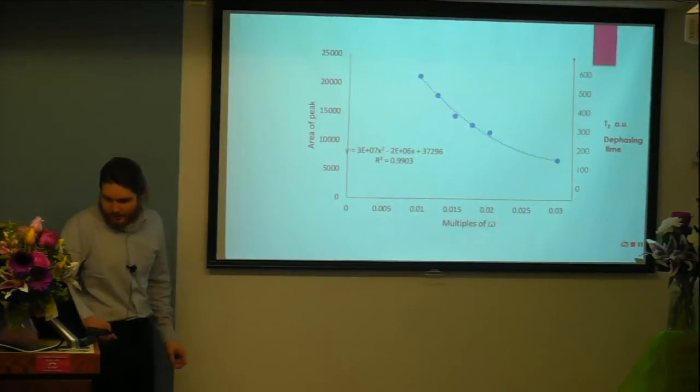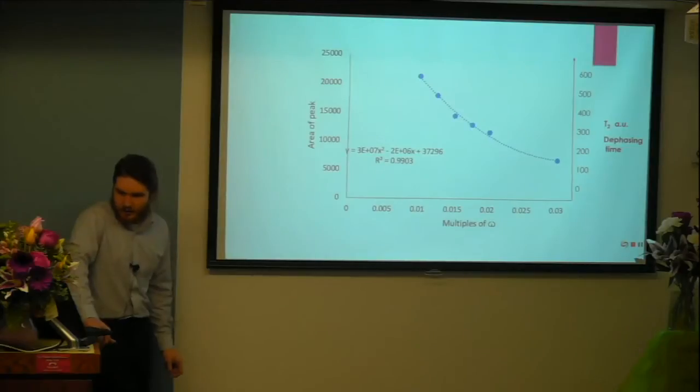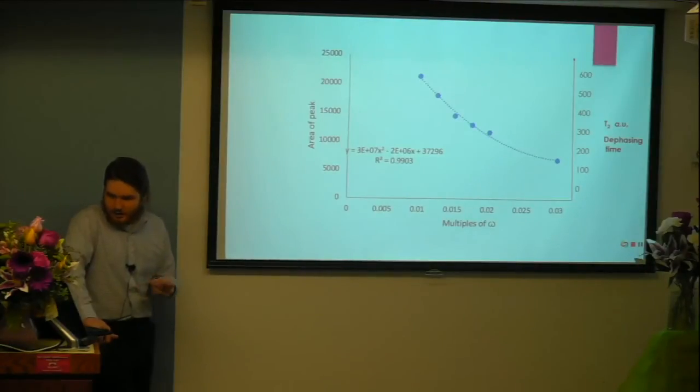If we graph the area of the peak over the multiples of omega, we see this very smooth sloping trend line as the disorder of the state of the magnetic moments increases.